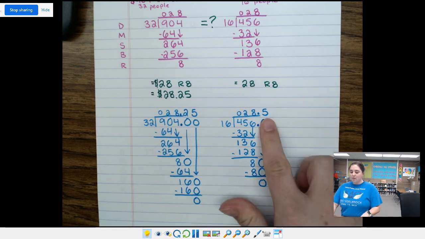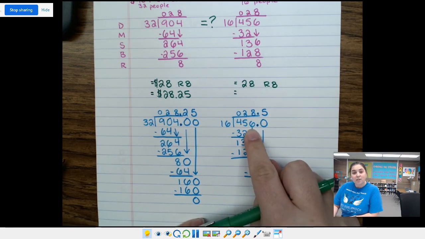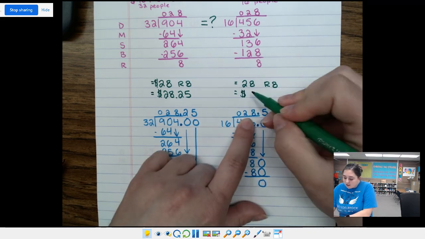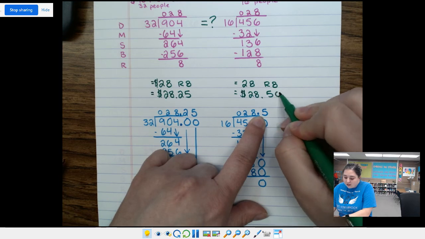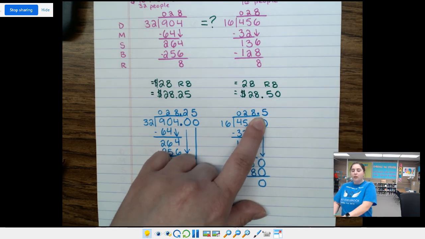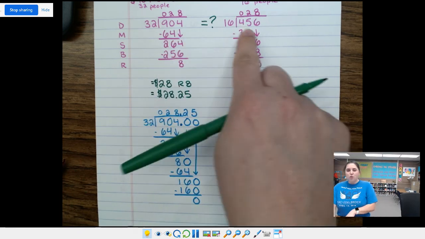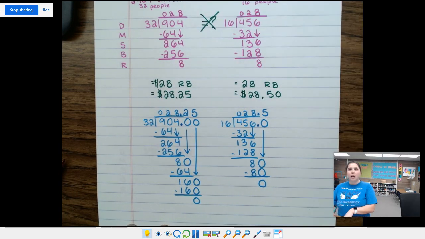So what this is telling me is the $456 divided by 16 people. Everyone is actually going to get $28.50. I'm just adding a 0. That's how we write money. 50 cents. So are these two problems equal to one another? No, they are not.